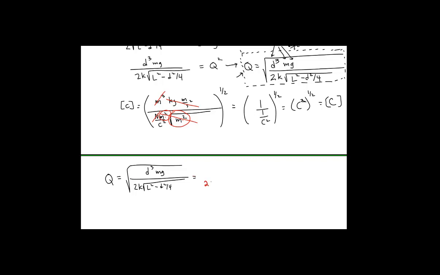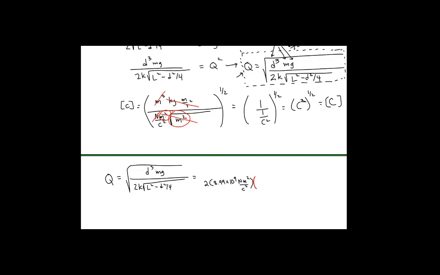So that is 2 times 8.99 times 10 to the 9th Newton meter squared per coulomb squared. We already know the units will work out, but I still like writing units here because it just gives me another opportunity to check myself.